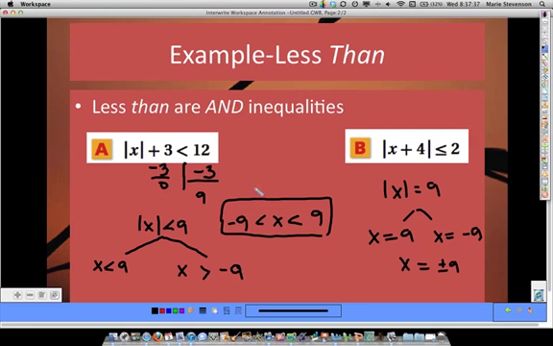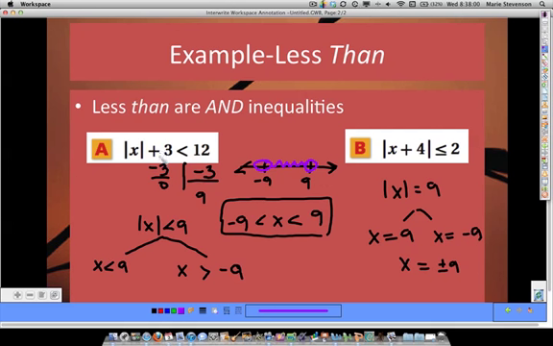So there's our answer, and then of course we do our graph. Lower bound, upper bound. In this case, they are both open circles. Just like that. Hopefully you're seeing your Chapter 2 skills right here, specifically 2.7.